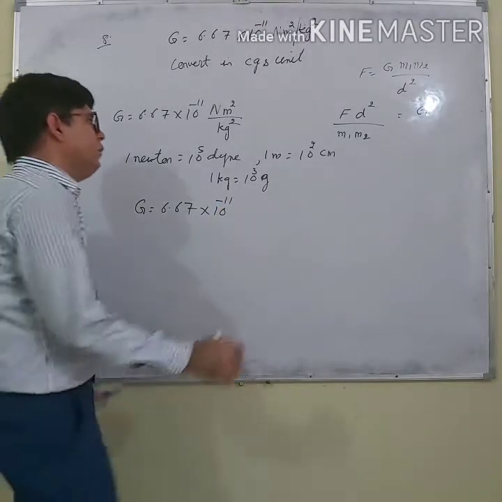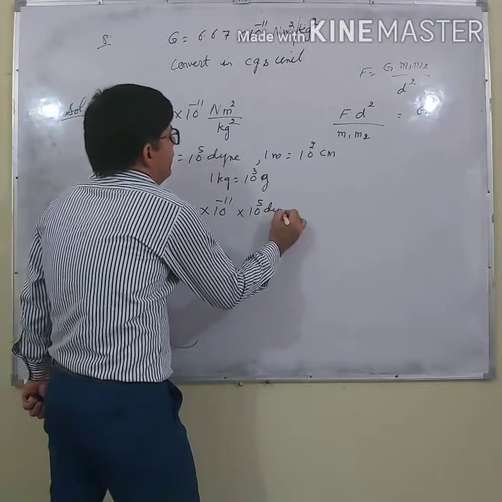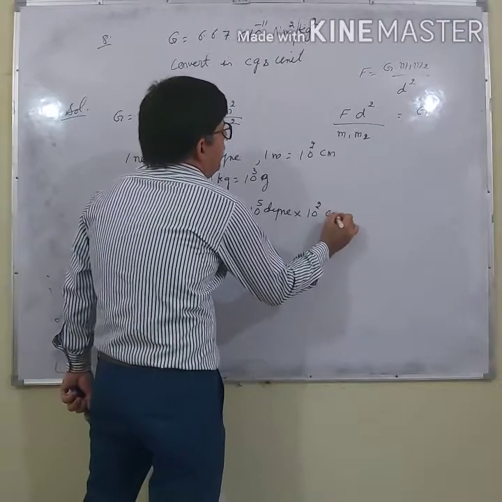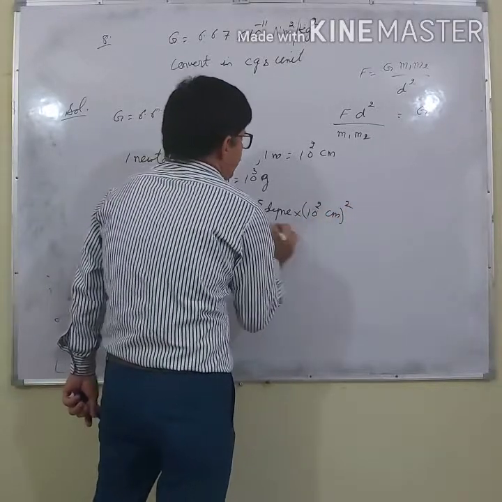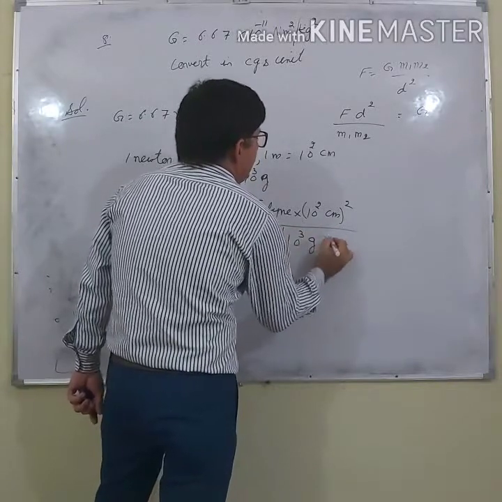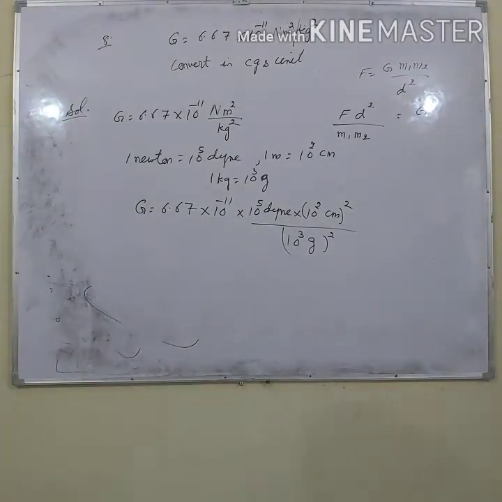Newton means 10 to the power 5 dyne, and meter means 10 to the power 2 centimeter square, kilogram means 10 to the power 3 gram whole square. Put the brackets if the unit is having power.